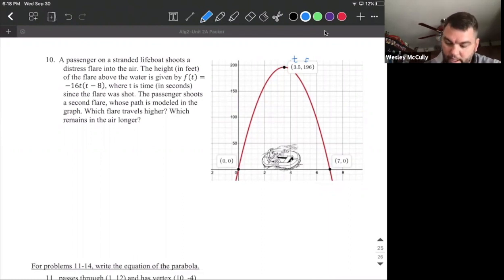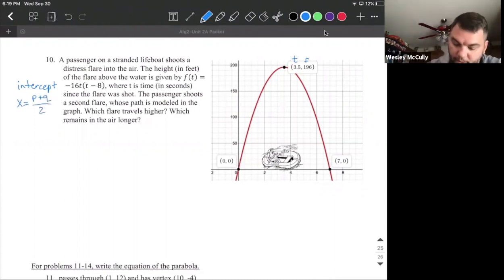First thing we need to do in order to find the vertex is identify what form it's in. This equation is in intercept form. So this intercept form equation has to use the formula for intercept form, which is (p + q) over 2.